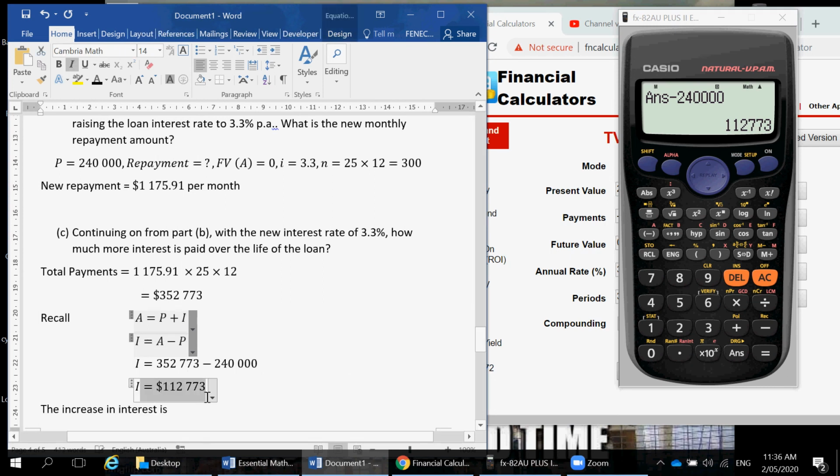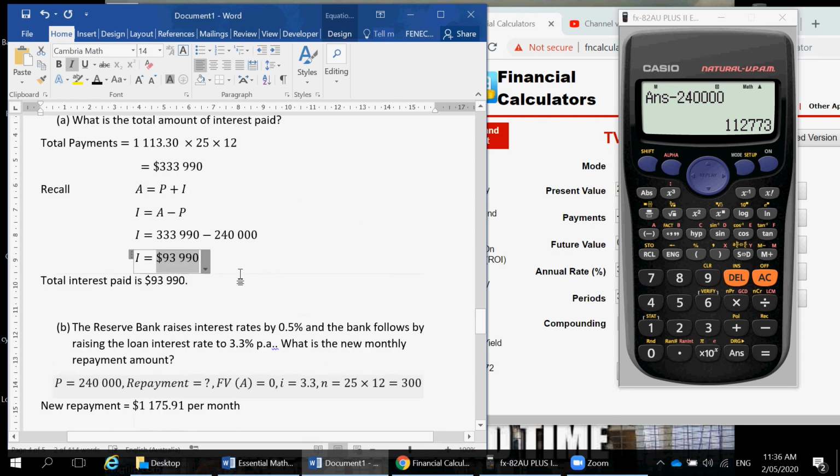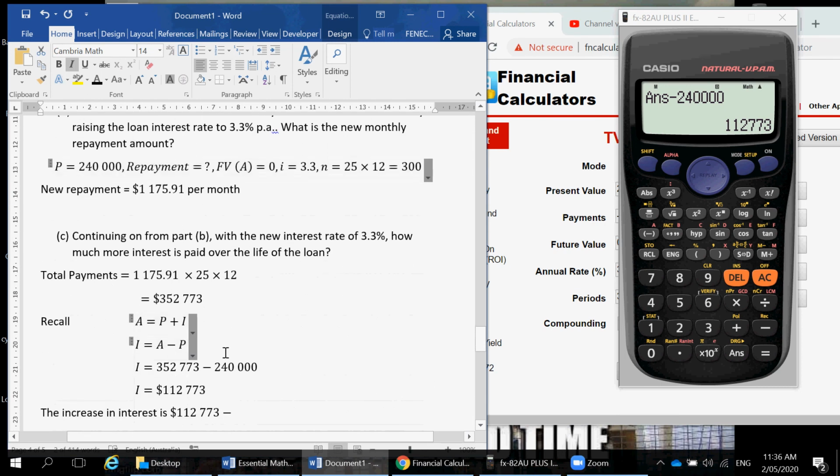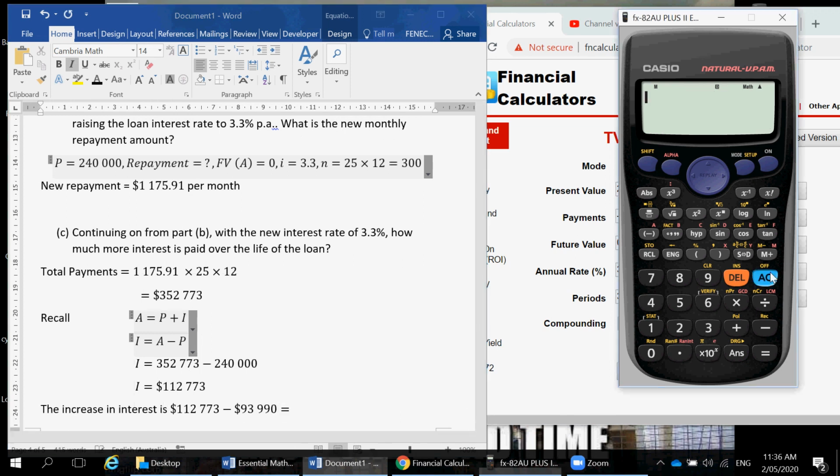The amount they're paying now under the new interest rate is that. Subtract what they were going to be paying under the original interest rate. And, you know, it's quite surprising how much more interest you end up paying.